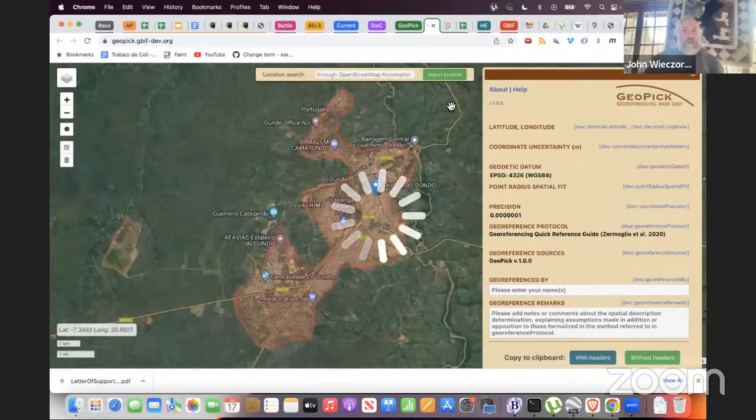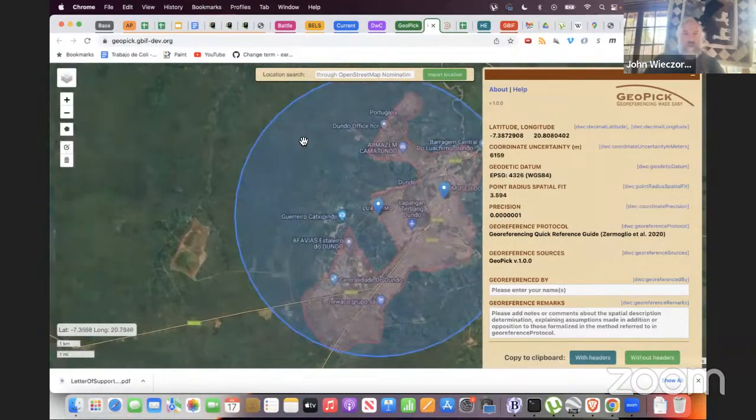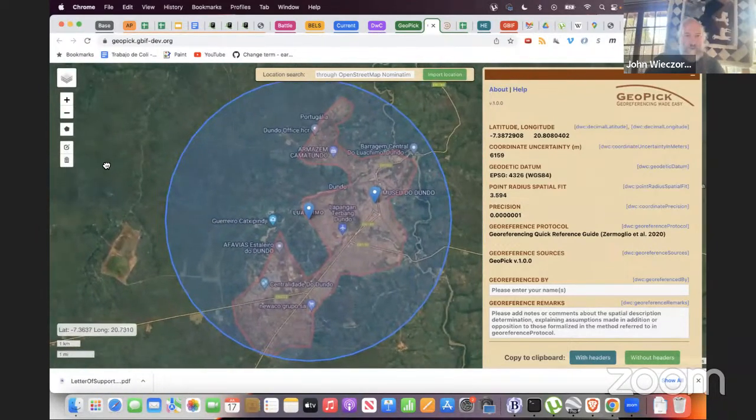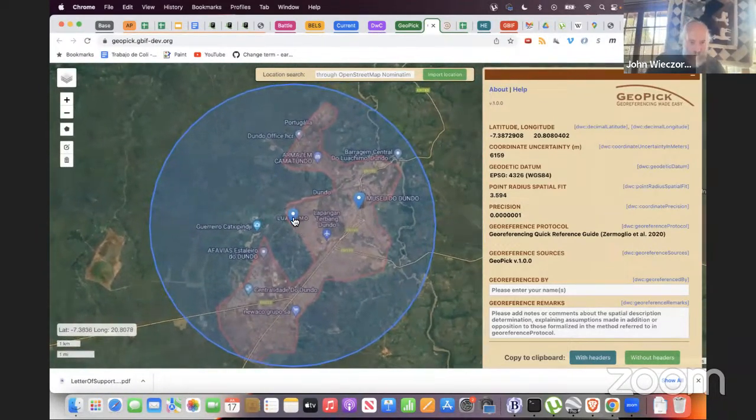Okay, so I've drawn what I think is Dundo. And as soon as I'm finished, Geopic gives me the corrected center, which is this point, and the radial, which reaches to the farthest point from there.